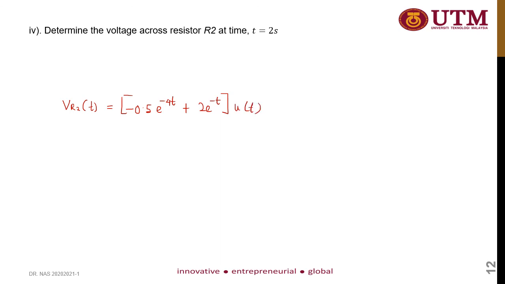But now the question asks you to calculate the voltage across resistor 2 at t equal to 2 seconds. So you just need to replace t equal to 2 in your equation. So negative 0.5 e to the minus 4 times 2 plus 2e to the minus 2. Therefore VR2 equal to 0.27 volt.